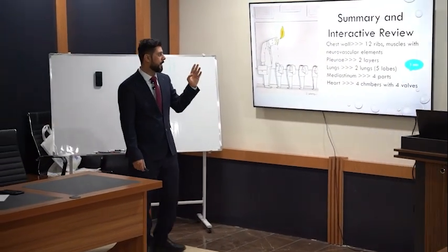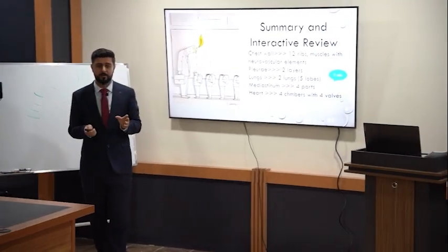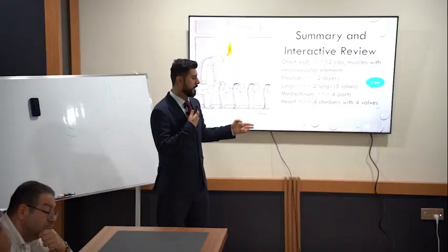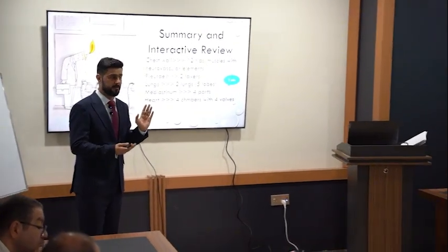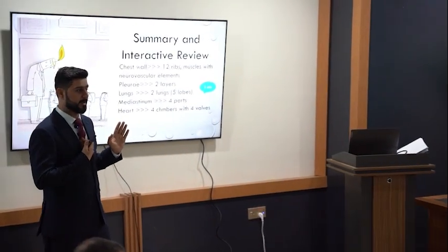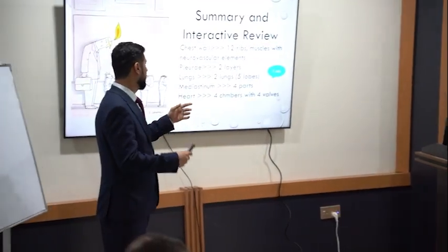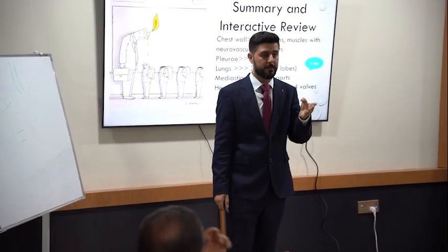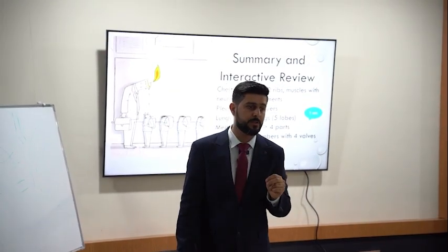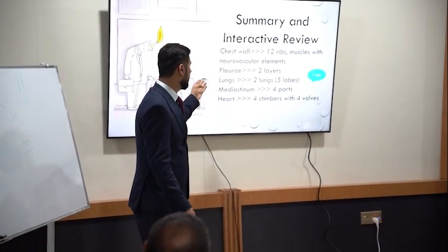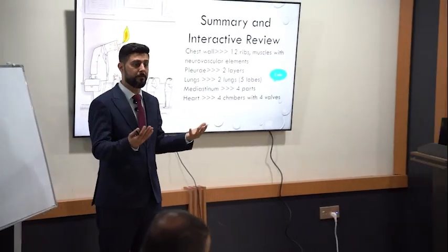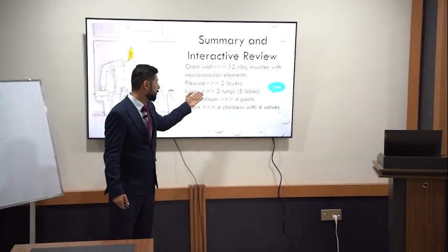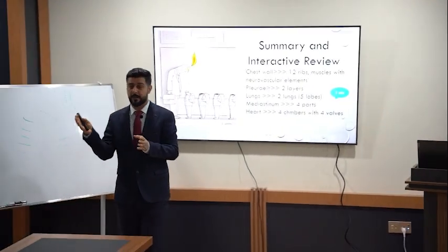In summary, the chest wall is composed of the vertebral column posteriorly, the sternum anteriorly, and we have 12 pairs of ribs. 7 are true ribs, 3 false ribs, and 2 floating ribs. The muscles and the neurovascular elements are interposed between them. And we have the pleura, 2 layers, visceral and parietal.